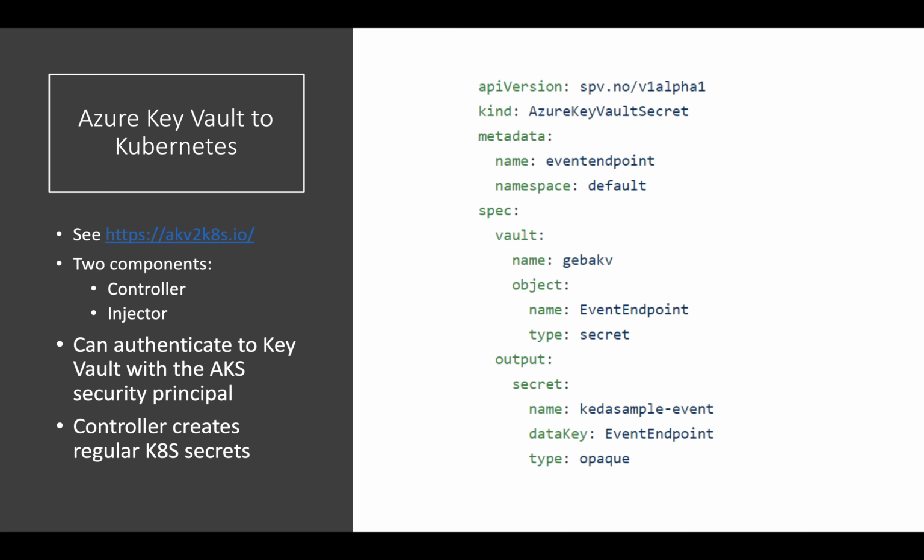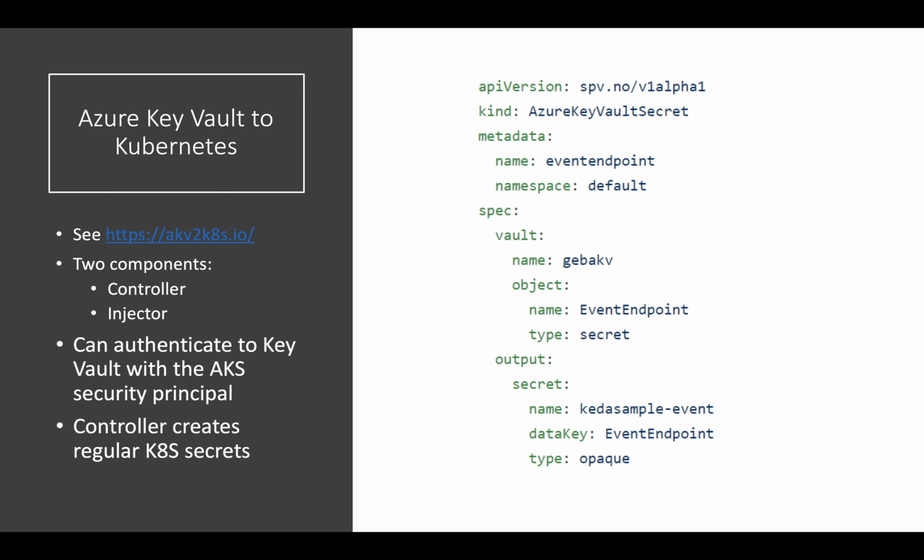Here you see that in the specification I point to a vault called Geba Key Vault in my Azure subscription. I'm telling the software, please take the event endpoint secret from Azure Key Vault, and the output should be a normal Kubernetes secret that you would normally create yourself.